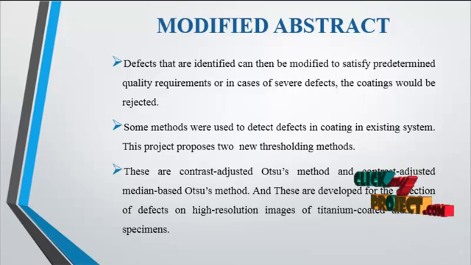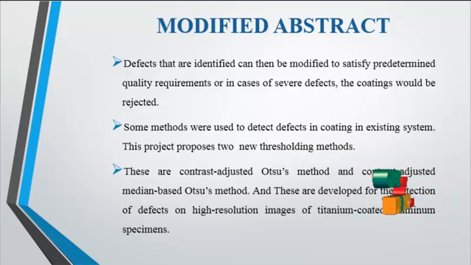Now we discuss the abstract for the process. Defects that are identified can be modified to satisfy predominant quality requirements, or in case of severe defects the coating would be rejected. Some methods were used to detect defects in coating in the existing system. This project proposes two new thresholding methods. These are the contrast adjustment Otsu method, and the Otsu method is nothing but the morphological thresholding method, and the contrast adjusted median Otsu method.